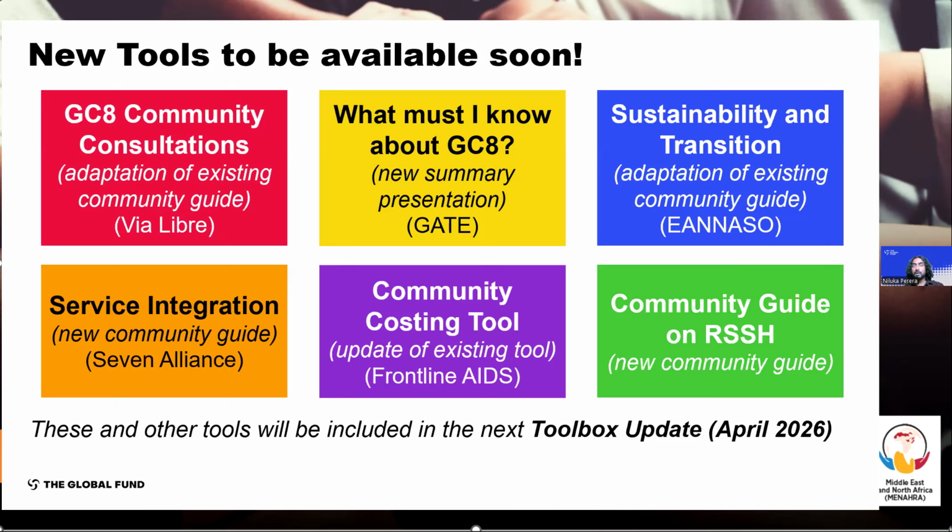Community costing tool, a lot of community partners have used this in GC7, and this is a tool that will help communities to cost community priorities, which is a key piece of really pushing community priorities into funding requests. And the last one is the community guide on RSSH. We are currently working on these tools, and they will also be included in the updated toolbox by the end of April. That's the end of my presentation.